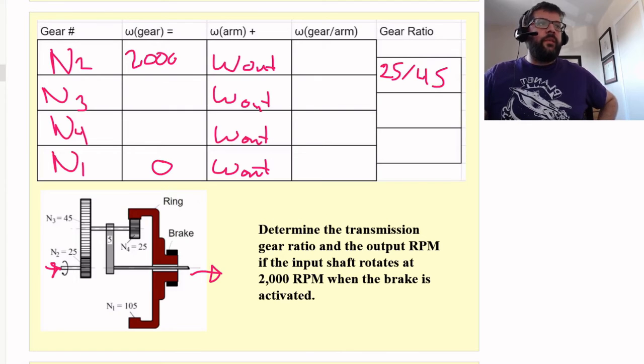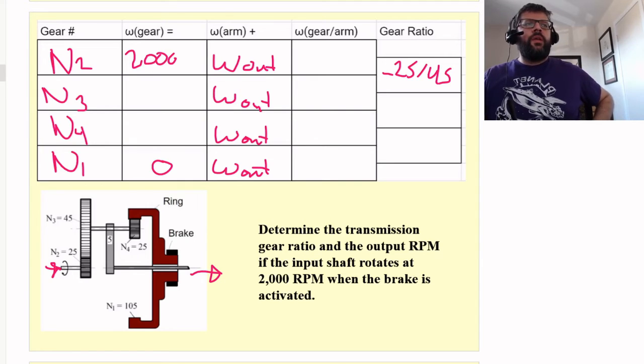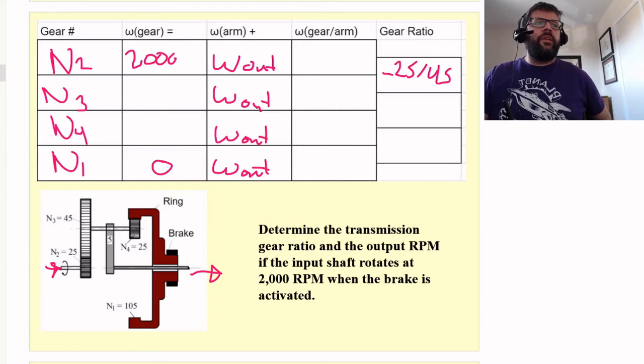Sorry, that's negative 25 divided by 45 because it is an external gear to an external gear. Our gear ratio from N3 to N1, that's 0. Those aren't actually gears, right? Sorry, it's 1 because those are on the same shaft.